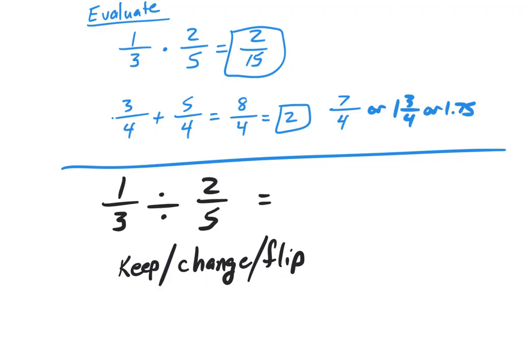Okay, here's what it means. Keep means we're going to keep the first fraction. 1/3, nothing happens to it. It stays 1/3. Change means we're going to change the division sign to a multiplication sign. Okay, here's another important thing that I think it's really important for you guys to start doing. Don't use x for multiplication, ever, from here on out, because we're in algebra, right?